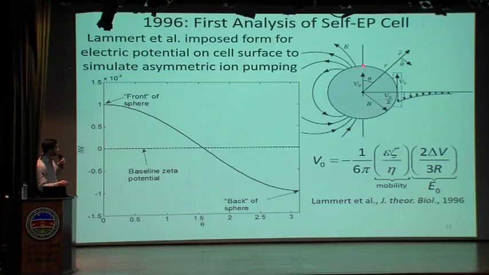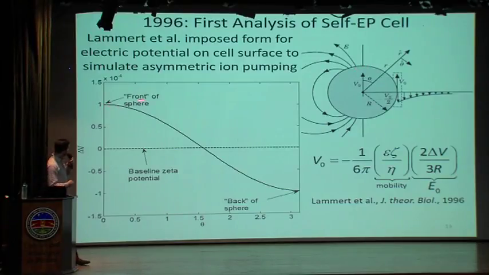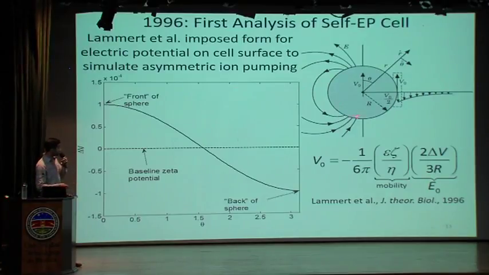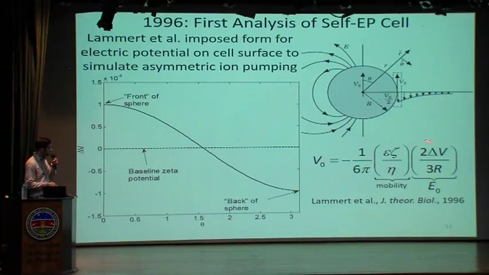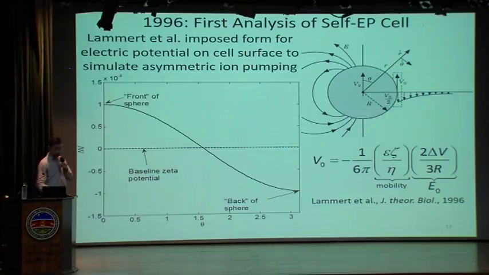At the front of the cell, the surface charge is positive, okay? And at the back, the surface charge is negative. That will generate these electric field lines that start here and end here. And if the cell has a zeta potential, then it should move according to this velocity. So this is just another theoretical proposal for this mechanism.